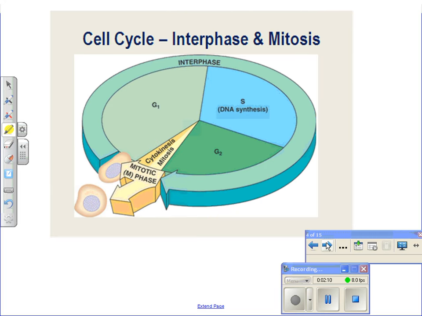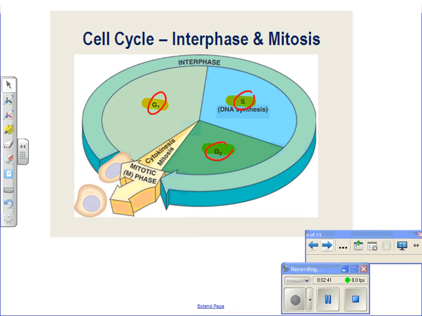Okay, so picture the cell cycle. We have a little bit more than just mitosis, so we need to start somewhere. We have what's called G1, S, and G2. The cell, before it can do anything at all, has to go through some growth and development before it's ready to take that next step onto mitosis. So we have two growth phases, G1 and G2, and in between is probably the most important part, and this is actually where the DNA is synthesized.